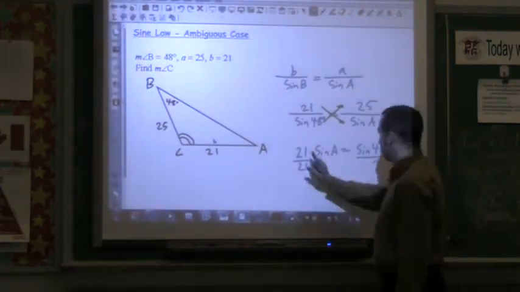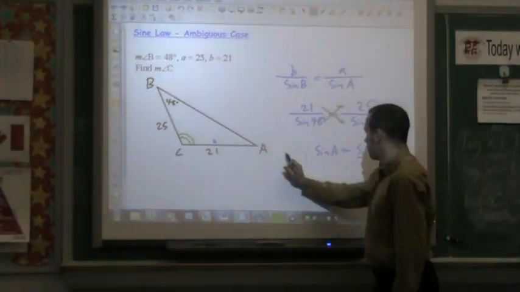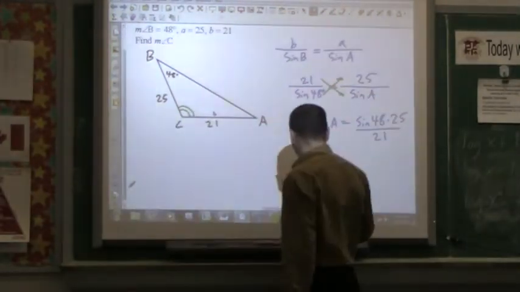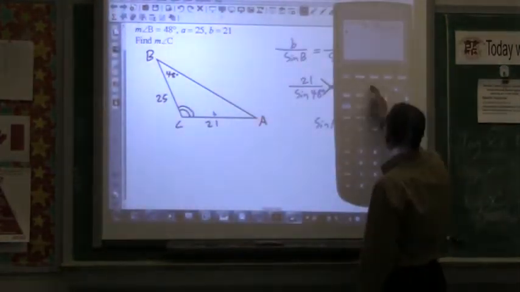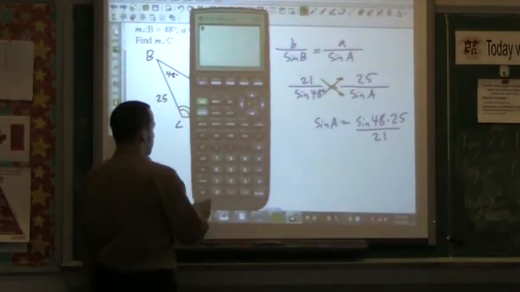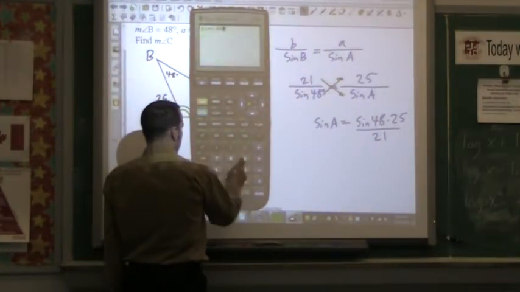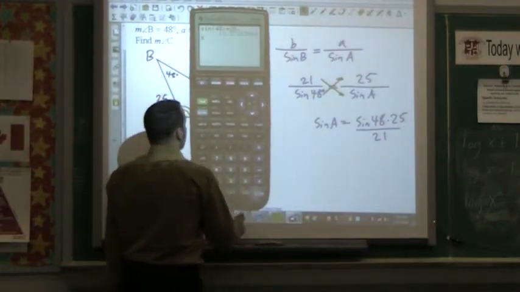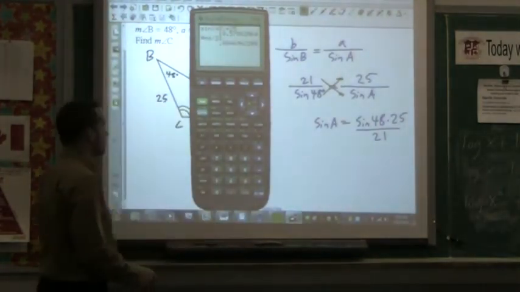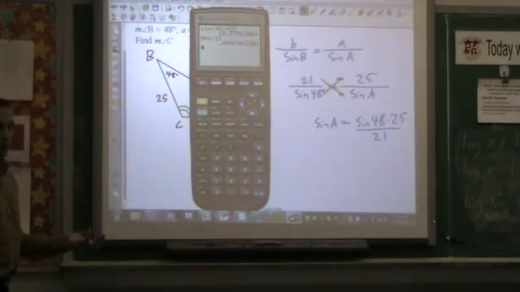Gets rid of that. And we'll throw that into the calculator. So I take the sine of 48, multiply that by 25, divide that answer by 21. Okay. I get, there's my decimal.